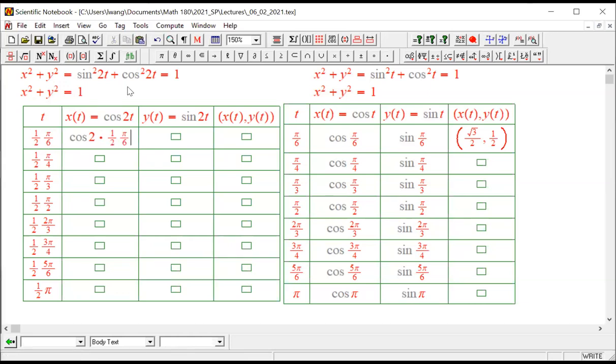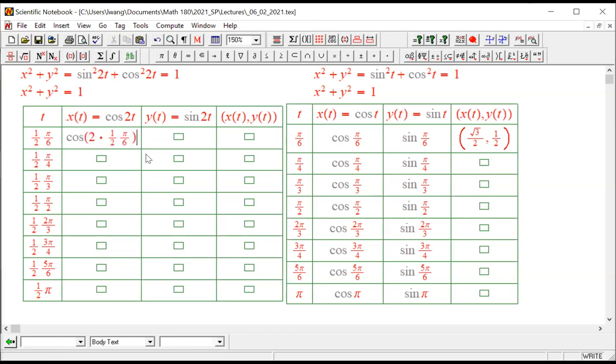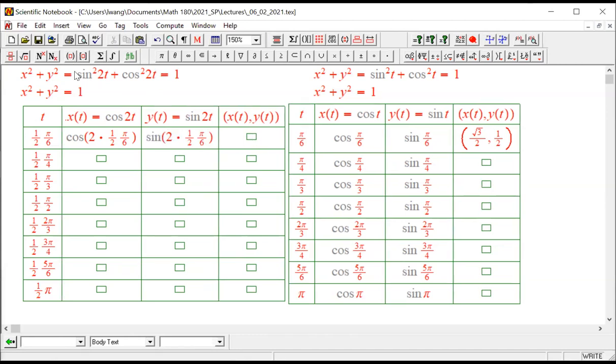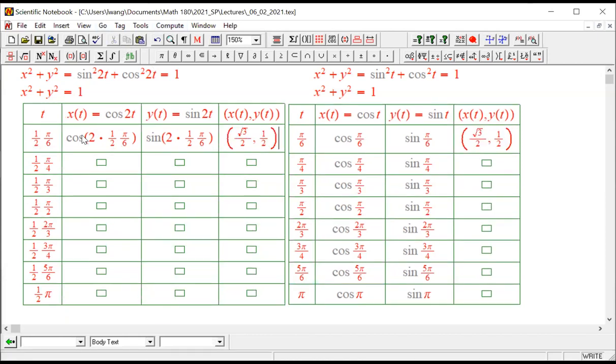Because 2 times half of that. And sine 2t, 2t, all right, so that point, okay, it's the same point. Do you guys follow me?